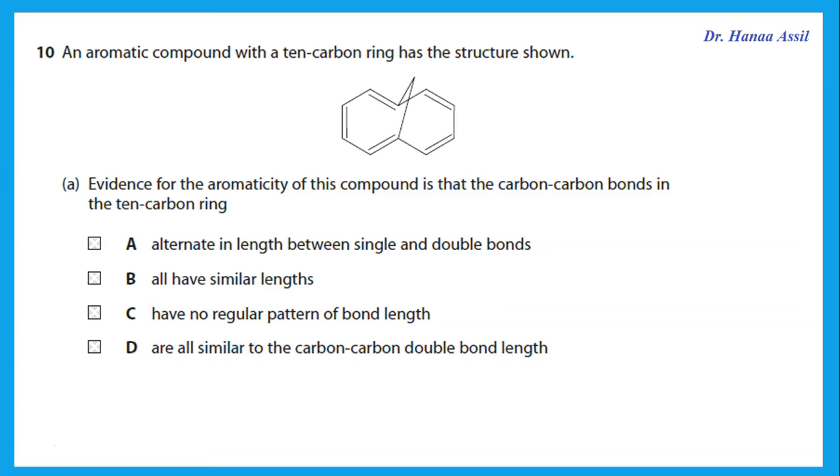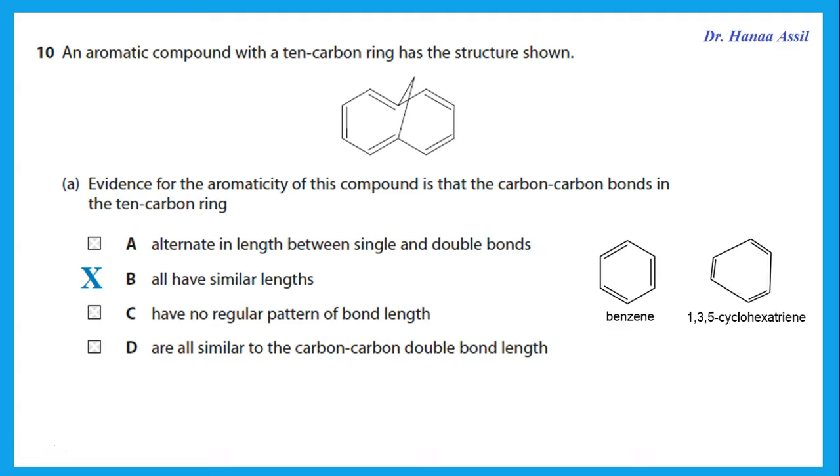How do we prove that the double bonds are actually delocalized over the carbon atoms, not individual single and double bonds? This was because all the bonds have similar lengths. If they were single and double and single and double, the single bonds should be longer in length than the double.